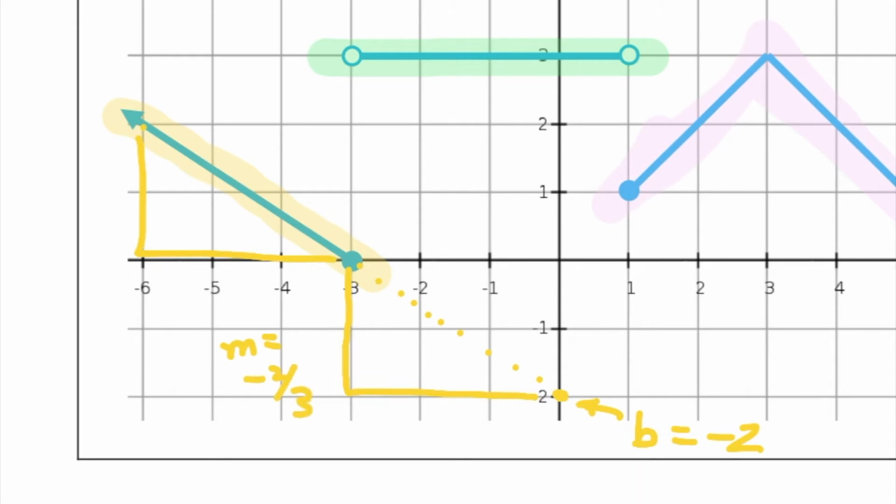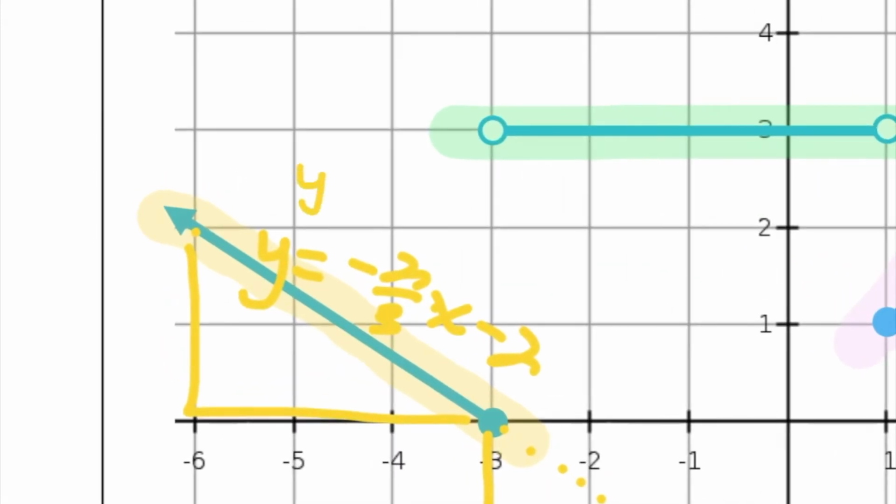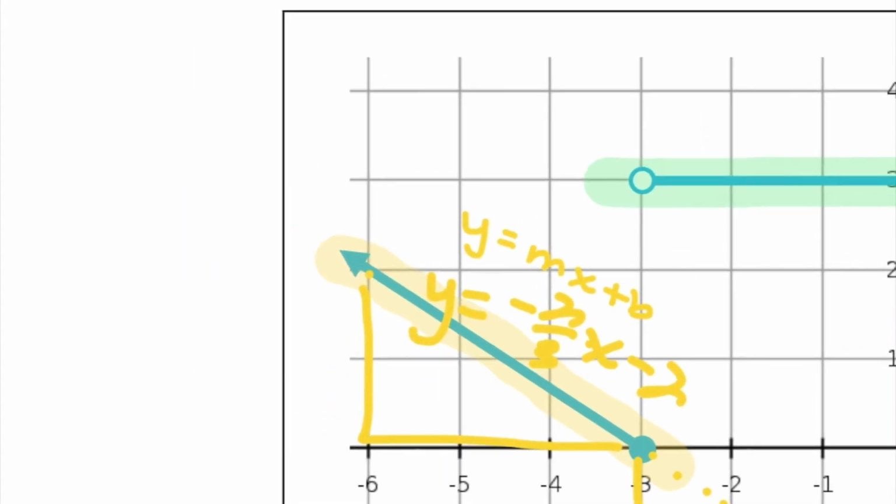And so the equation of this line is y equals -2/3 x minus 2. Y equals mx plus b. I know that's hard to see sideways. So the equation of that line is y equals negative 2/3 x minus 2.